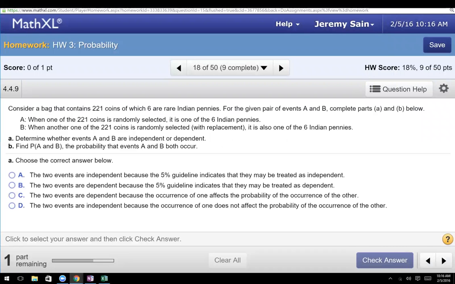All right, so you've got 221 coins, 6 are pennies. When one of the coins is selected, it's one of the 6 Indian pennies. When another one is randomly selected with replacement, so we're putting the first coin we already pulled out back in, and then pulling out another penny. So are those independent or dependent?